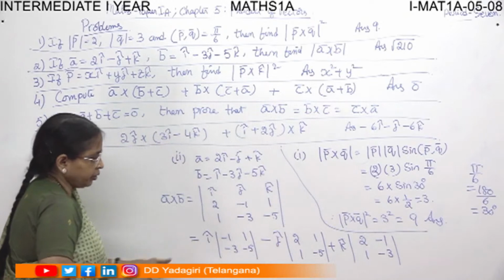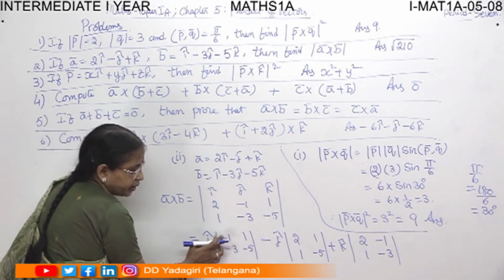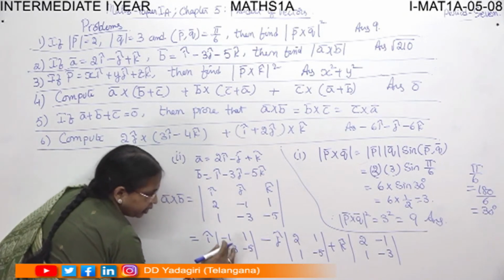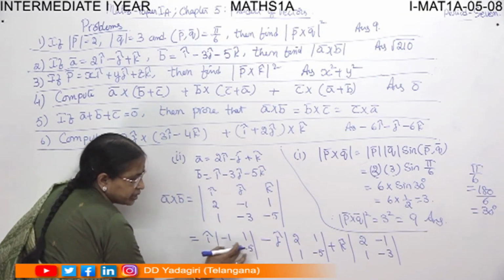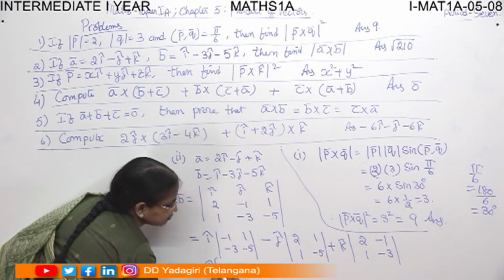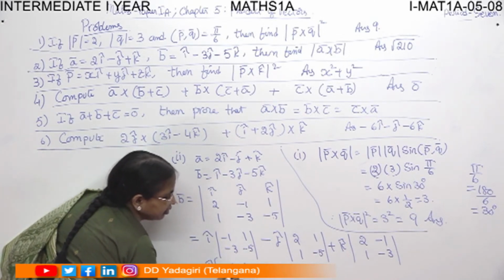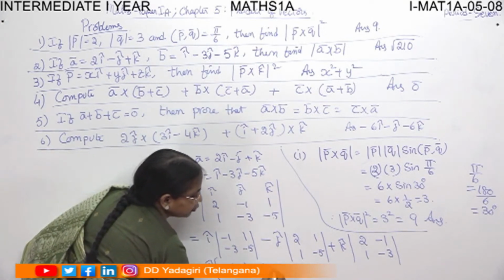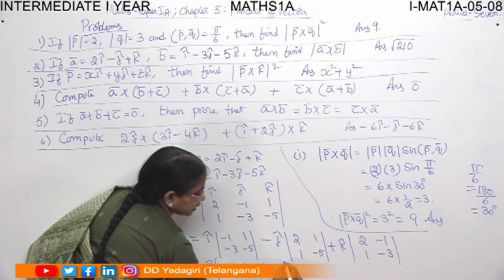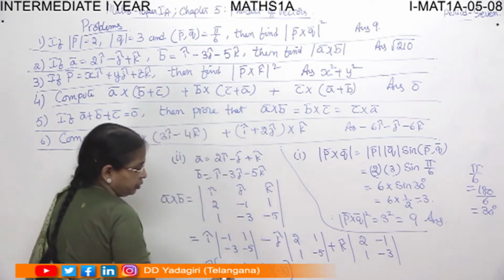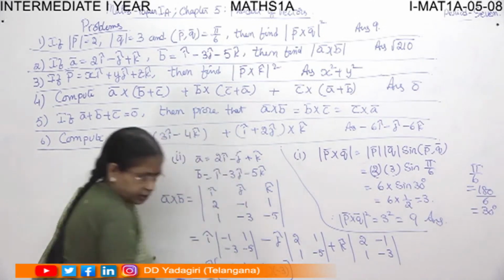So now what you do? You know how to write the determinant: AD minus BC. So it is I into, when I multiply these two, it is minus 1 into minus 5 minus of 1 into minus 3. Like this. Minus j into, okay, I'll write here.